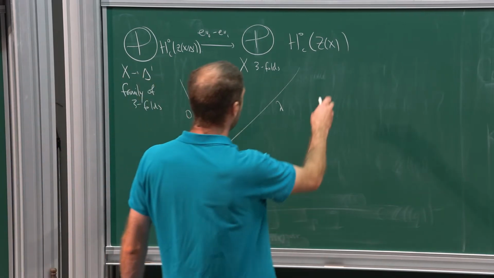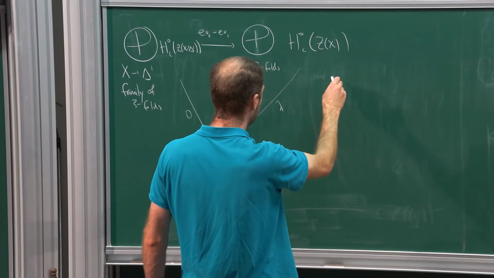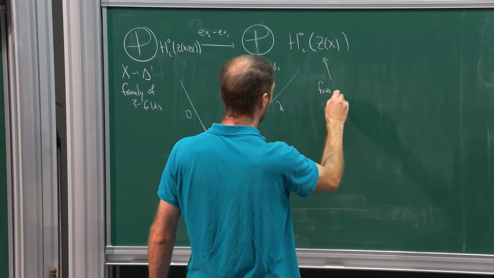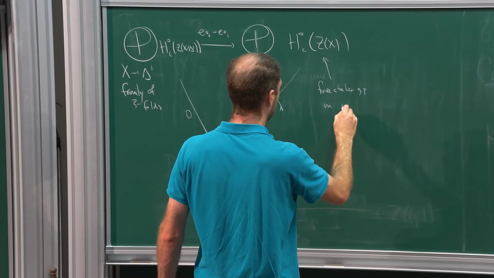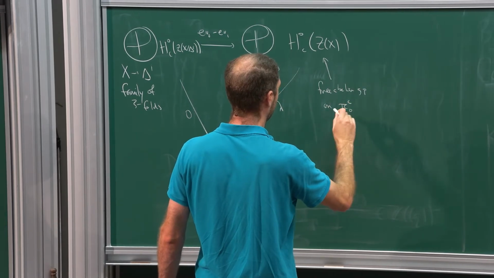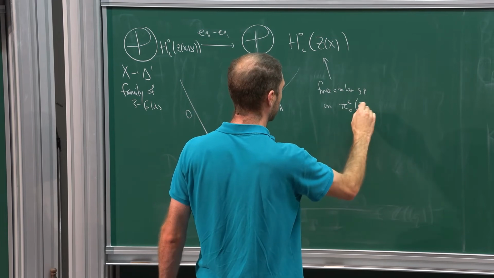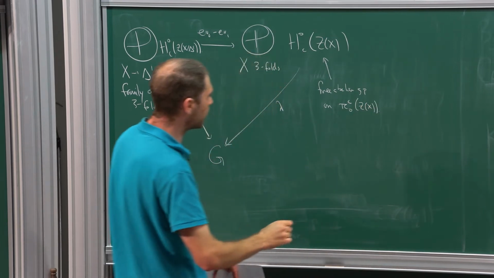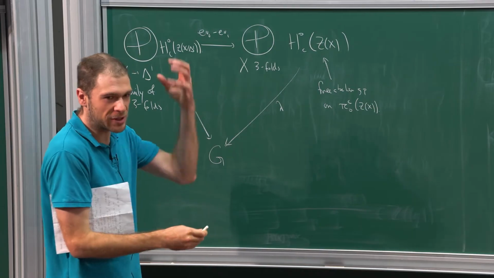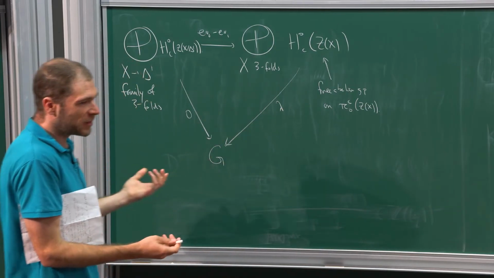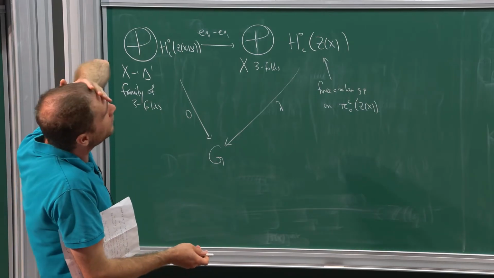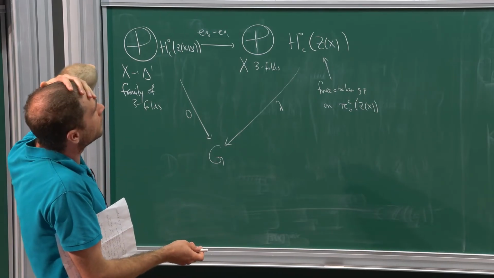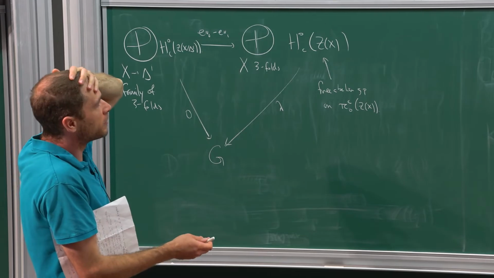Let's see. So this is like the free abelian group on the compact connected components of this. So to give a map out of this, I just have to tell you for each compact connected component what its value is. And the reason compactly supported cohomology is the right thing to do is that's what you would pair with the virtual fundamental class.